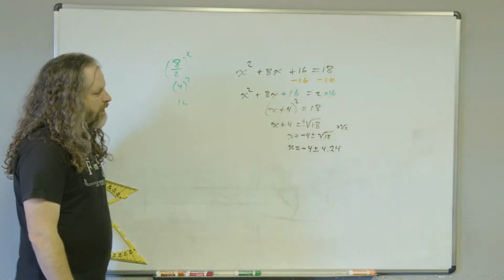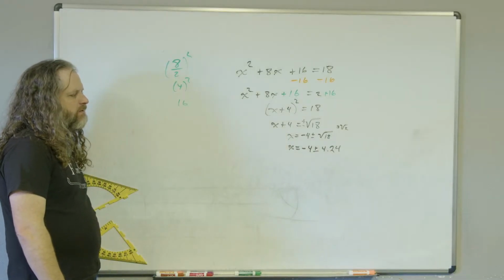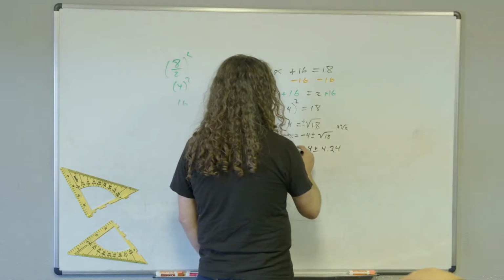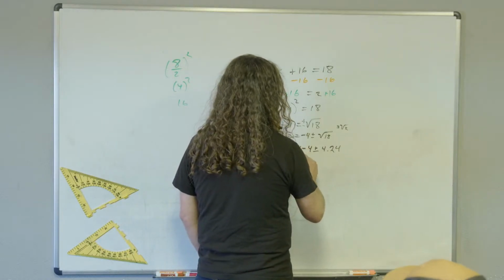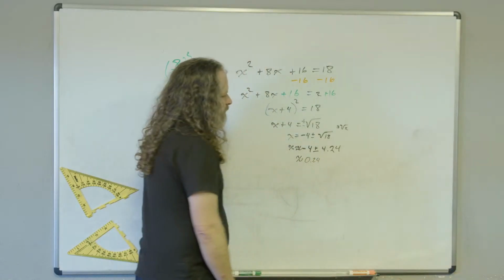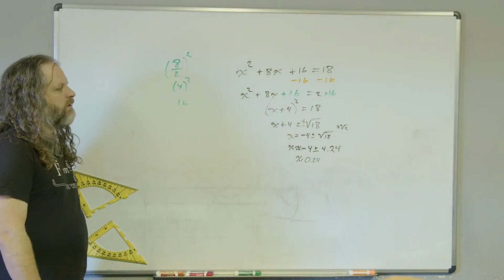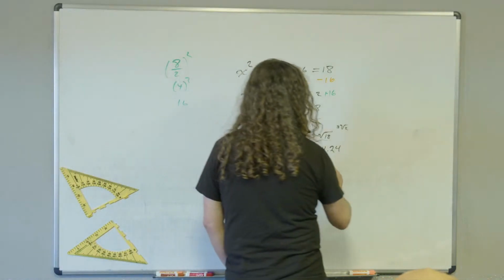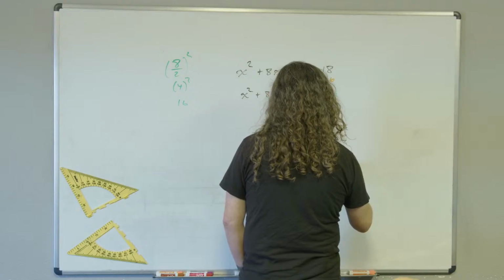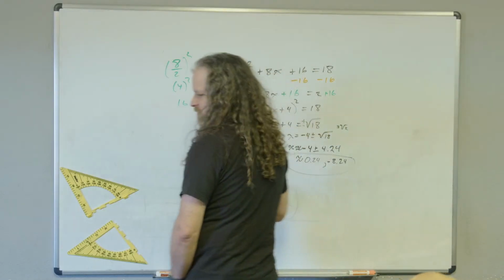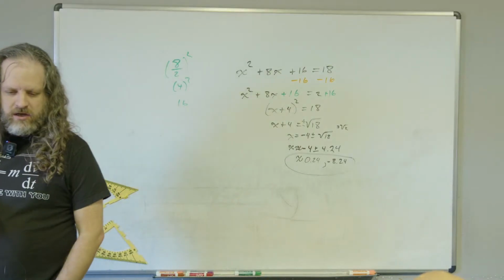What's negative 4 plus 4.24? 0.24. What's negative 4 minus 4.24? Negative 8.24. Yay.